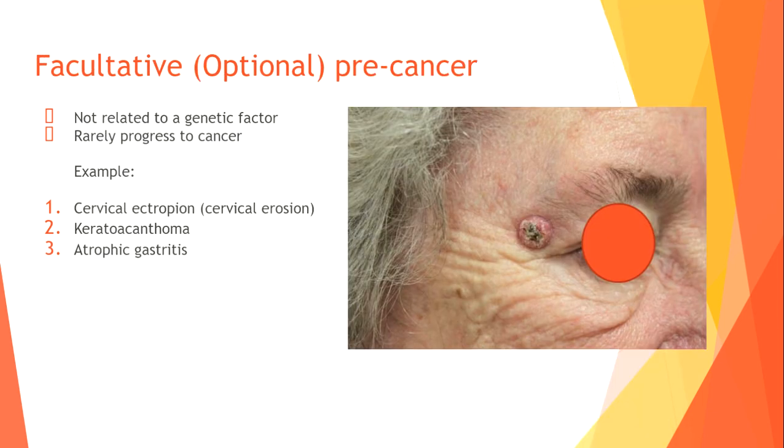And facultative or optional precancer, not related to a genetic factor, rarely progresses to cancer. Examples: cervical ectropion or cervical erosion, keratoacanthoma, atrophic gastritis. Here we see keratoacanthoma on the face of an elderly patient.